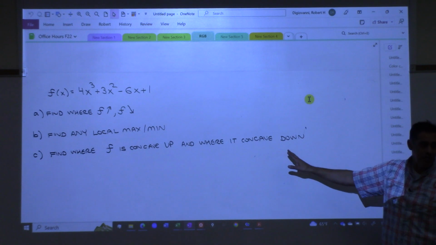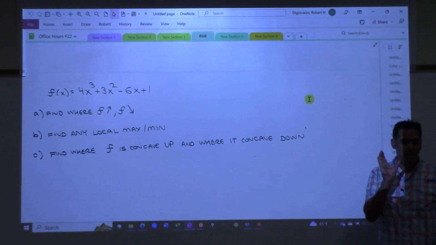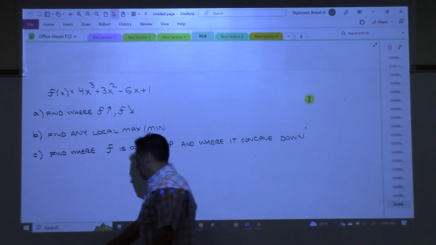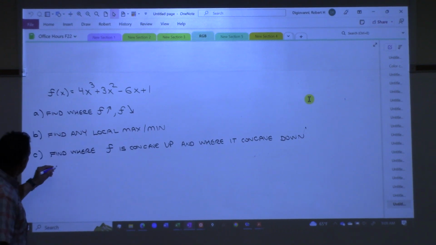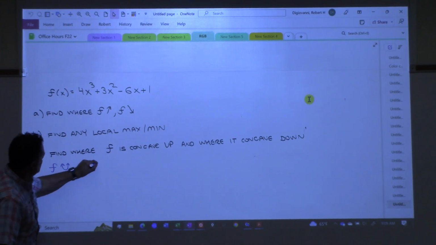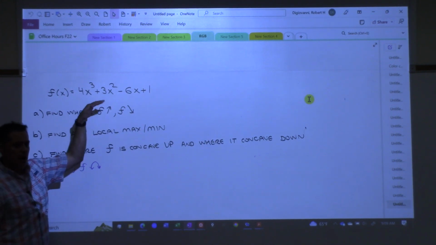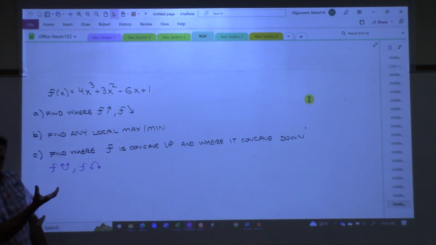So I have an abbreviation for this that I'm going to use instead of writing concave up and concave down. I said concave up is like a smile, right? Concave down is like a frown. So instead I'm going to write this: find where f is concave up and then where f is concave down. Does that notation make sense to you? So this first thing, the arrows mean where's the graph going up and where's it going down. This notation means where does it look like this and where does it look like this, all right?